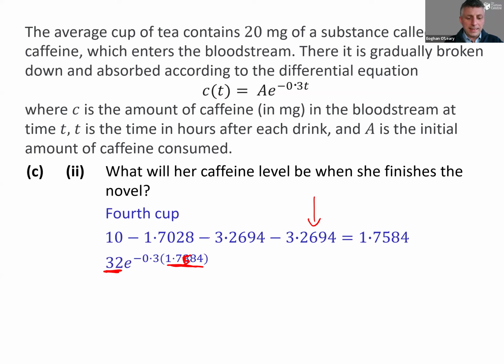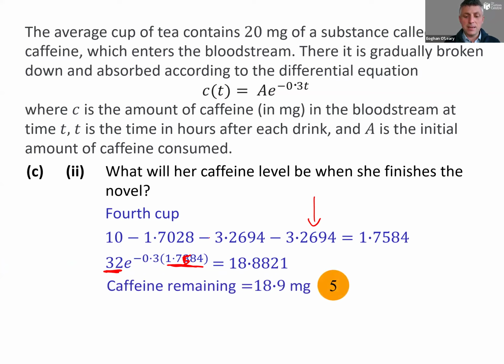We put all that into the calculator and we get an answer of 18.8821 milligrams. So the caffeine remaining will be 18.9 milligrams correct to 1 decimal place, isn't it? Correct to 1 decimal place. What would our caffeine levels be? And so we're saying 18.9 milligrams of caffeine will be remaining in her bloodstream.